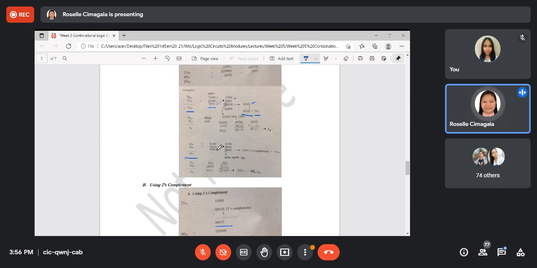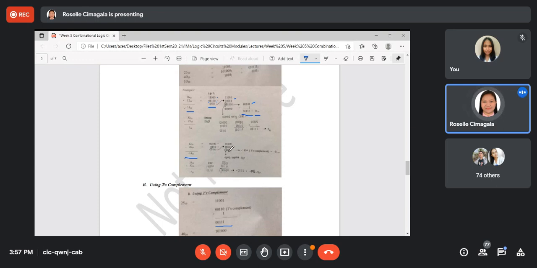So we change the subtrahend, make it one's complement, and then proceed to addition. This time the subtrahend is 26, so we take the one's complement of 26. This is its one's complement now. We add them, and the answer we get is different, not the same as before. There's no end carry this time.